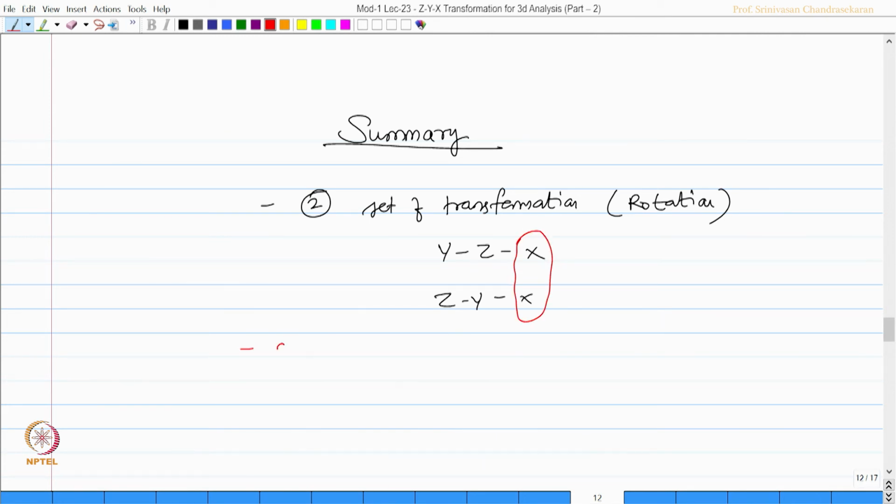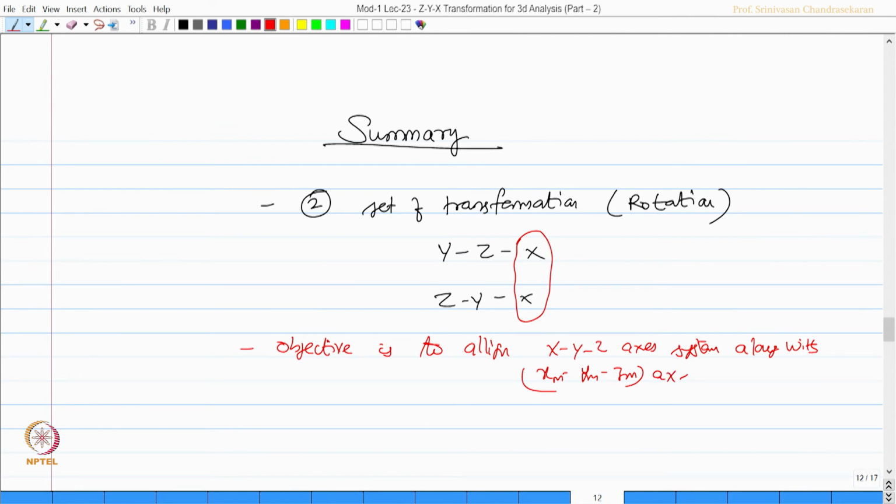In both cases, the last rotation is about x axis. The principal objective is to align x y z axis system along with x y z axis system, which is local.